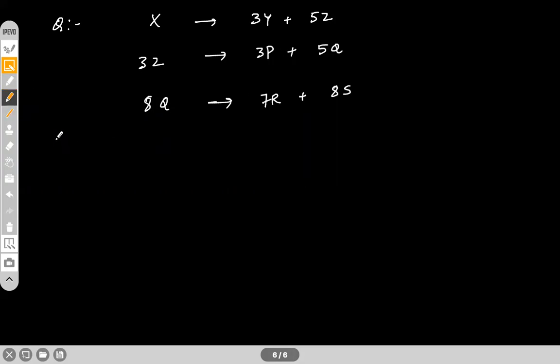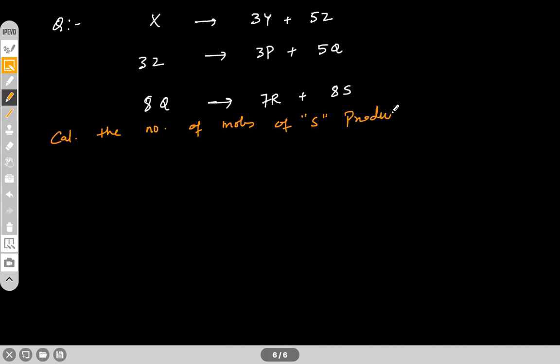The question is: calculate the number of moles of S produced if 5 moles of Y was produced.